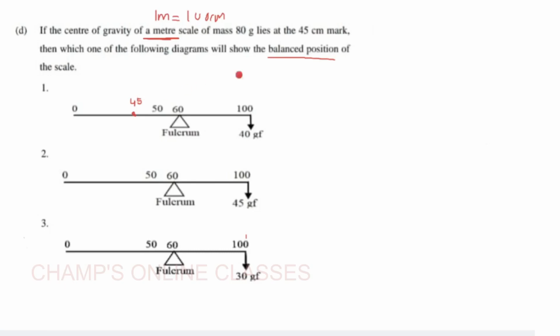And that weight is 80 gram, and we know weight always acts downward. So there is 80 gram force, its weight, acting downwards at the 45 mark. Now they are asking us which of the diagrams is balanced.